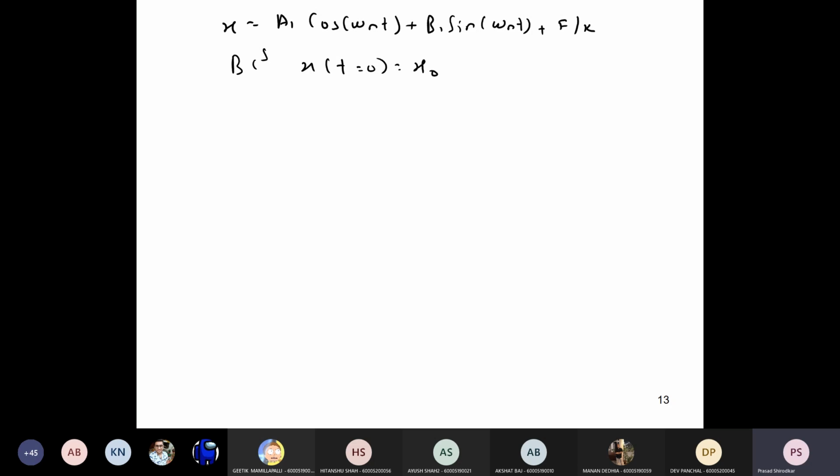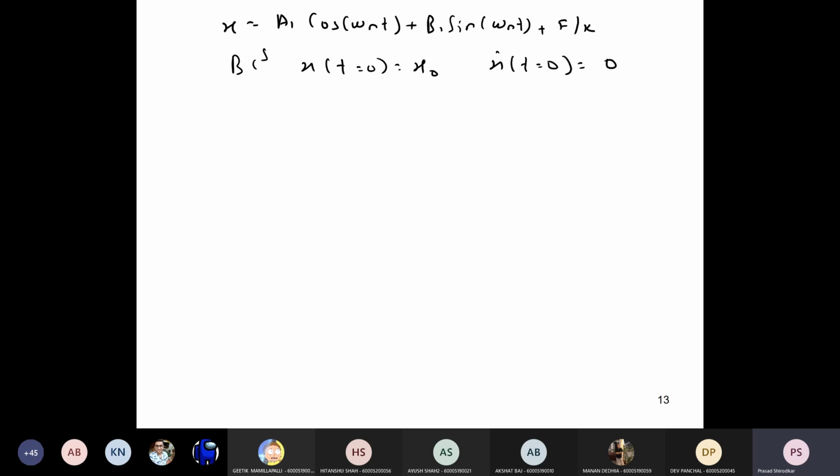Now, our equation is x equal to a1 cos omega n t plus b1 sin omega n t plus F by k. Now apply the boundary conditions which we just discussed: x at t equal to 0 is x0, and x dot at t equal to 0, that is the velocity, is 0.